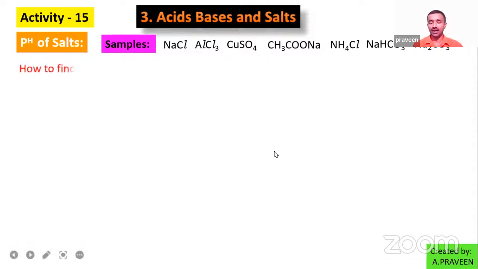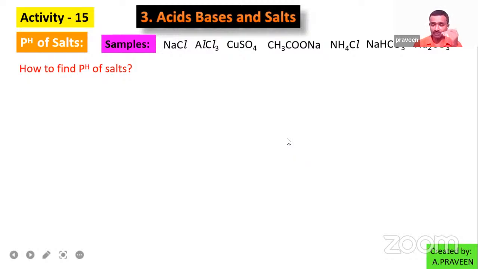As we learned in activity 8, ions are produced by chemical substances only in the presence of water, in aqueous solution. Here, all these salts are in dried form, dry salts.